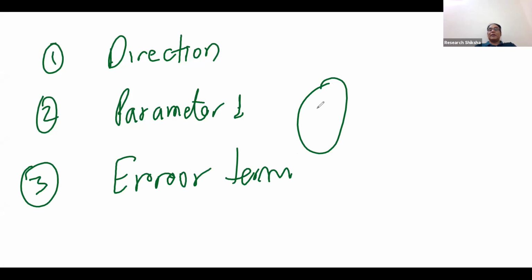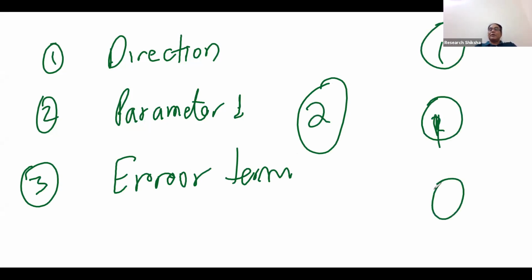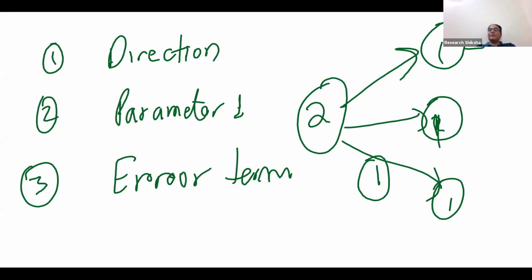This is second order, first order, and first order. The direction of the arrow is like this. Parameter of one means in any of the arrows you can fix a parameter of one. Rule of error term means you have to join the error term on the first order. So these are the three rules, and now you can use them in second order SEM.